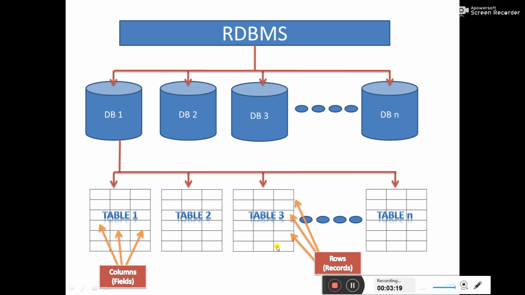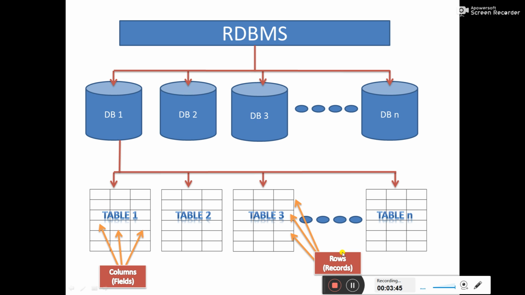In one RDBMS, you can create multiple databases. In one database, you can create multiple tables. And in one table, you can create multiple fields and multiple records. Vertical sections are called columns, and horizontal sections are called records. So this is the schema of a database management system.